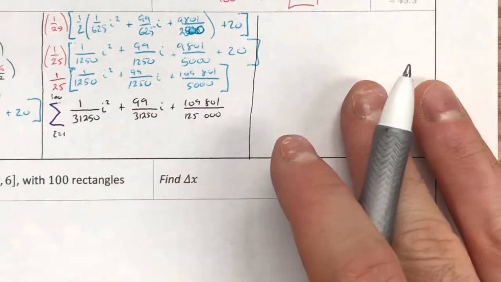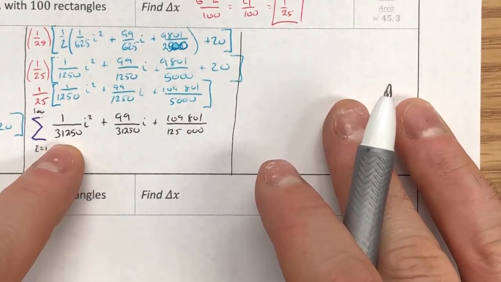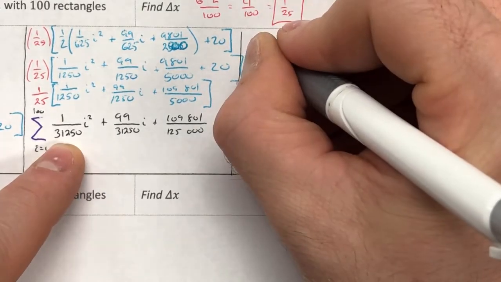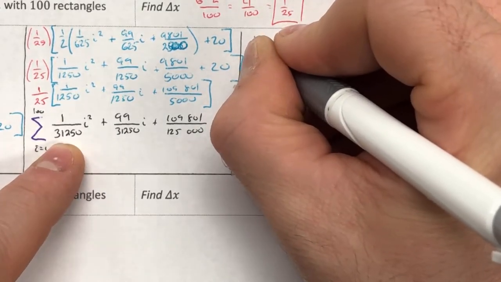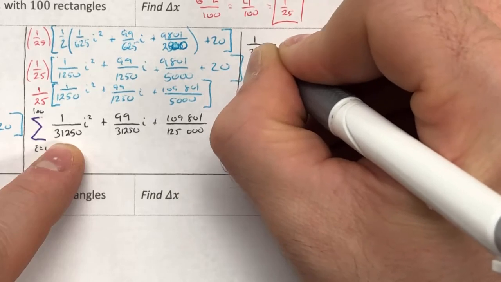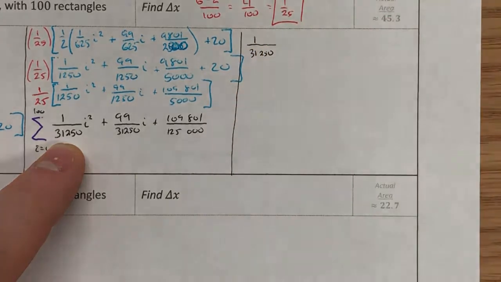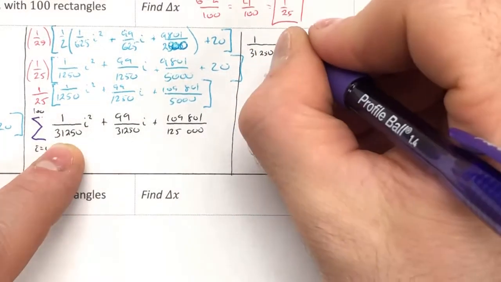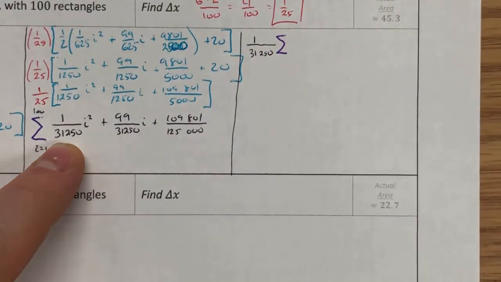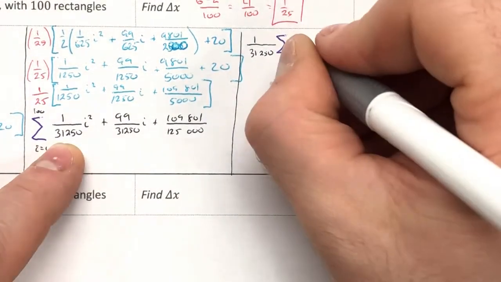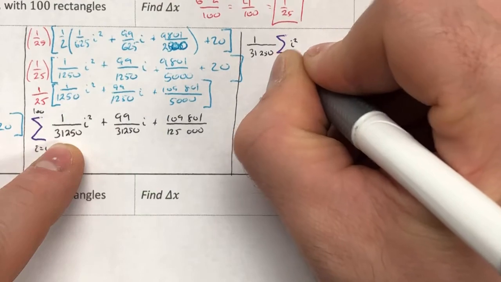I'm going to draw my line and move any of these out to the front. So I will have 1 over 31,250 times the sum of I squared.